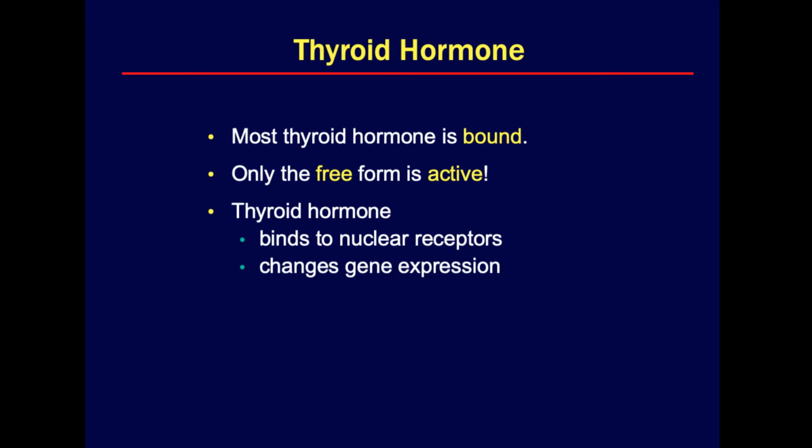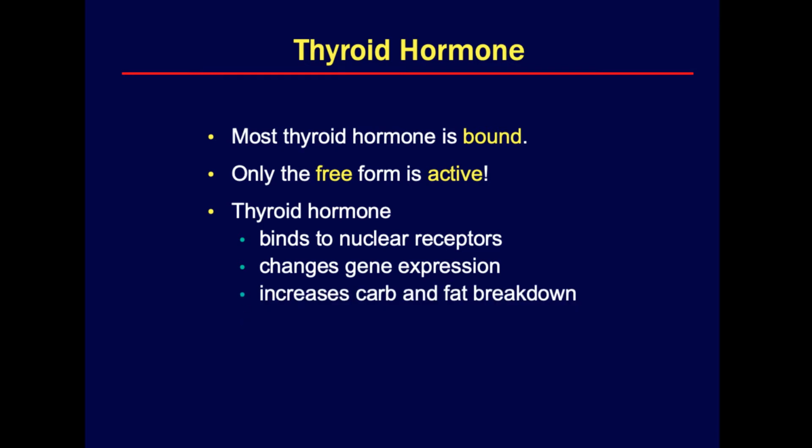And then the idea is once it does that, it's going to be able to stimulate the DNA to change gene expression. And so what that means is it's going to then turn certain genes on or turn certain genes off so that the cells now produce either more or less of particular types of proteins.